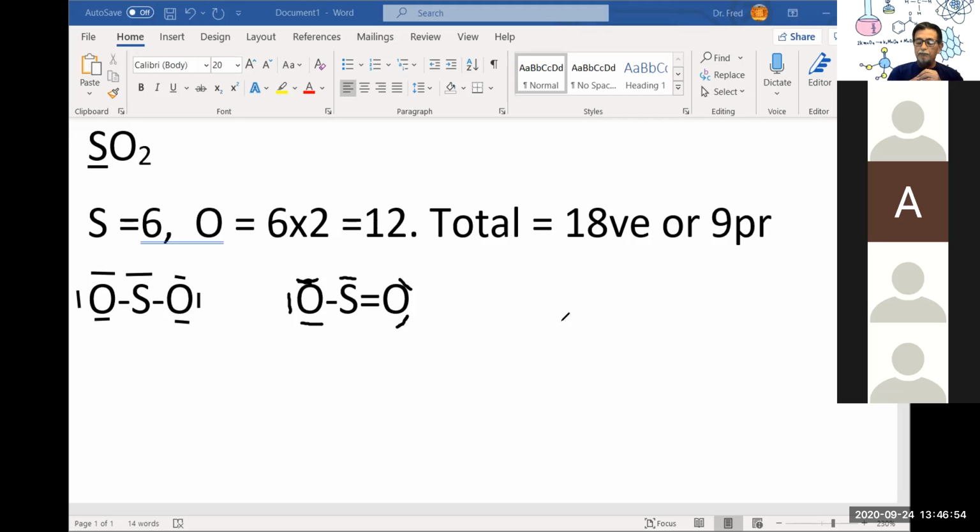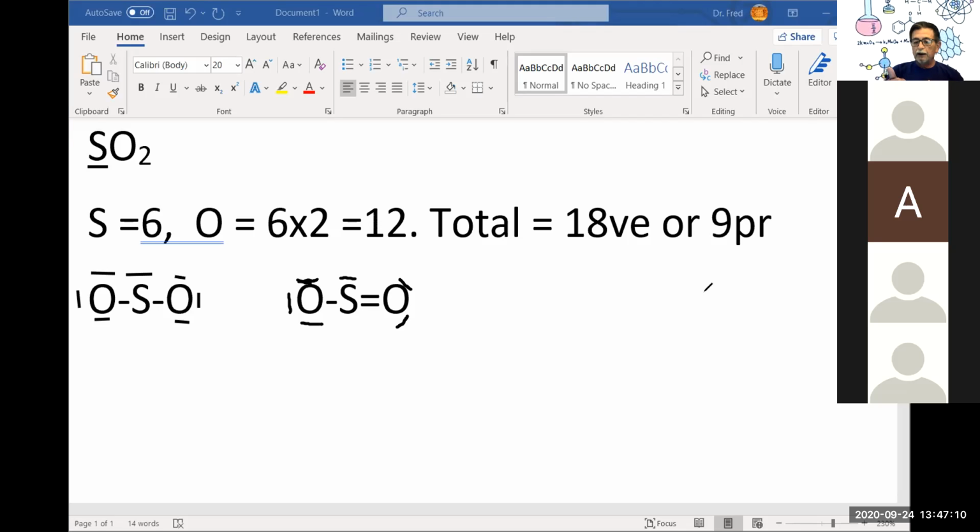I still have 9 pairs, correct? By making a double bond, in other words taking a pair from either of those oxygens, now check that the octet is fulfilled with everybody.